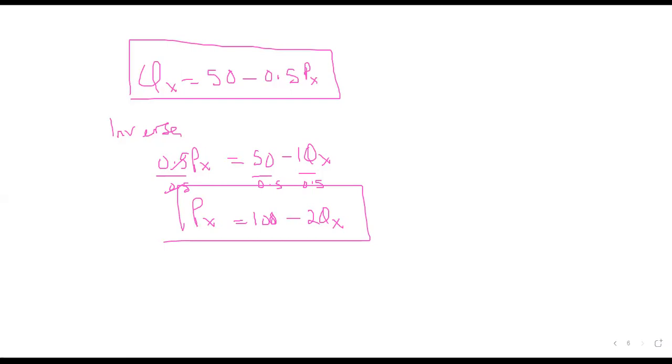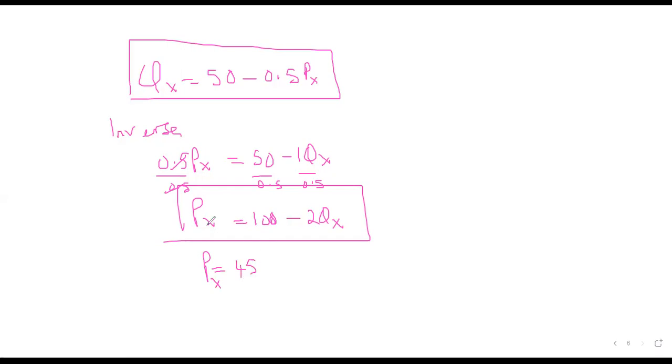Yes. Now, the examiner sometimes will ask us to calculate the consumer surplus when the price is, let's say, 45. Suppose we're told that price Px is what? 45. Find the consumer surplus.